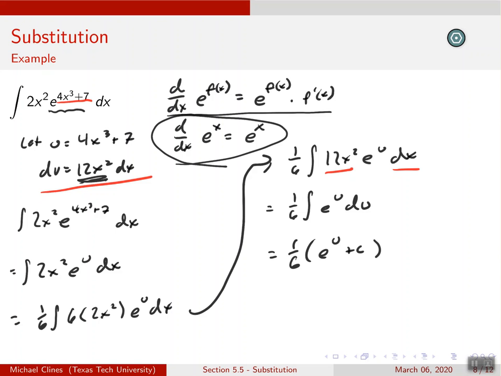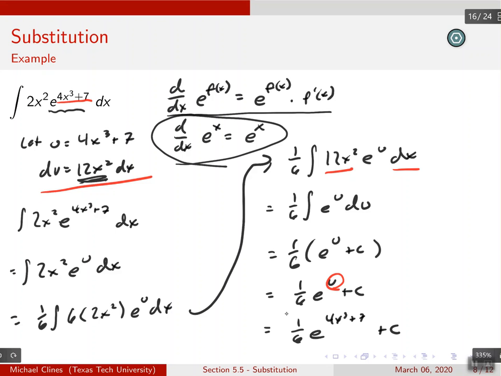Now is where the niceties of it come into play. So we get 1/6 times e to the u plus c, which is just 1/6 e to the u plus c, because we're lazy and we're not going to write 1/6 c because a constant's a constant, so we don't really care too much. But the problem was given to us in terms of x, so we need to answer in terms of x. So we need to sub out this u right here, and we get 1/6 e raised to the 4x cubed plus 7 plus our integrating constant.